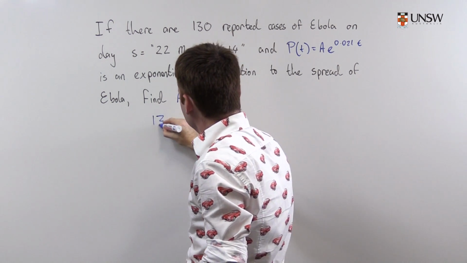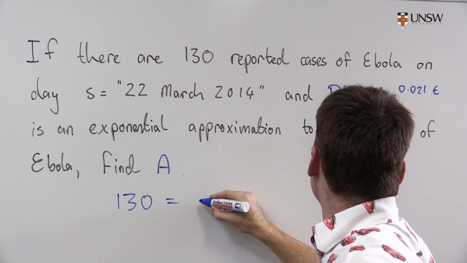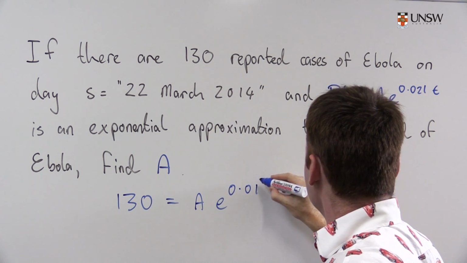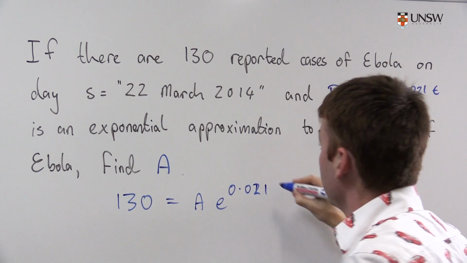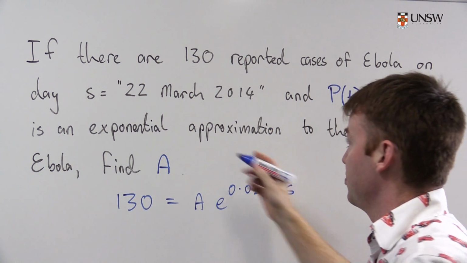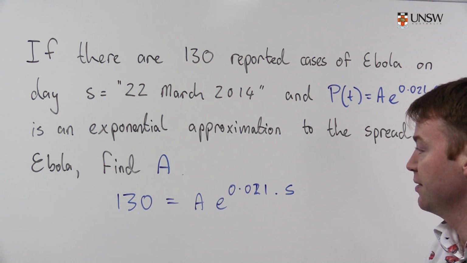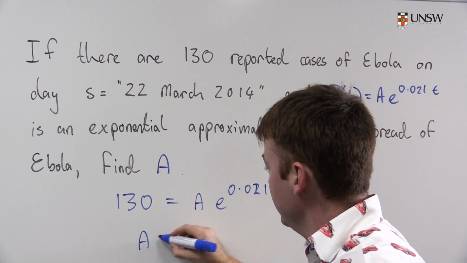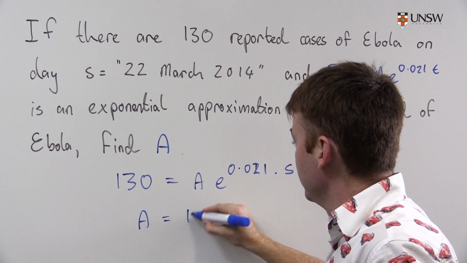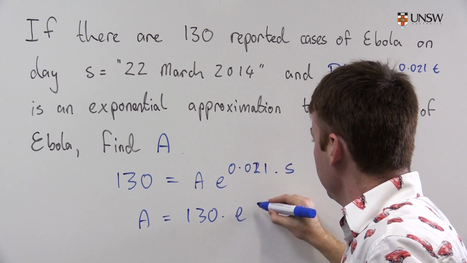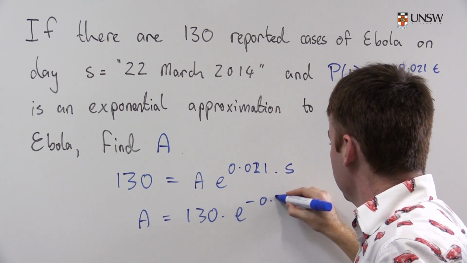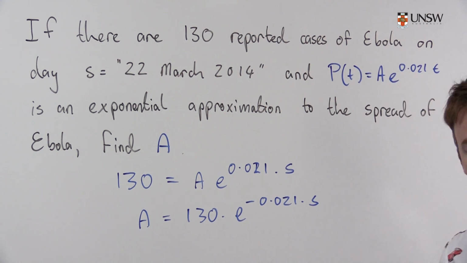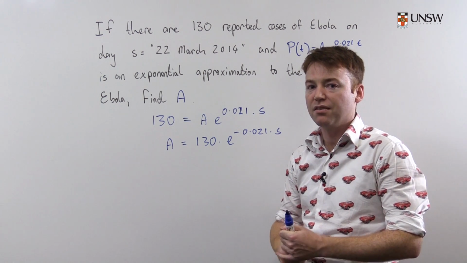We have 130 is equal to A times e to the 0.021 times S, S being the 22nd of March 2014. And then I can just unravel this equation, and I have A is equal to 130 times e to the negative 0.021 times S. So we have all the parameters for our model of Ebola.